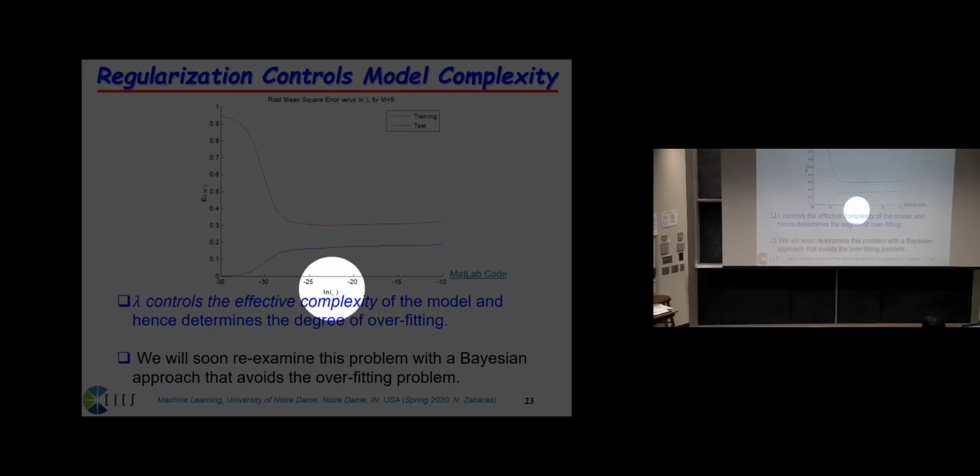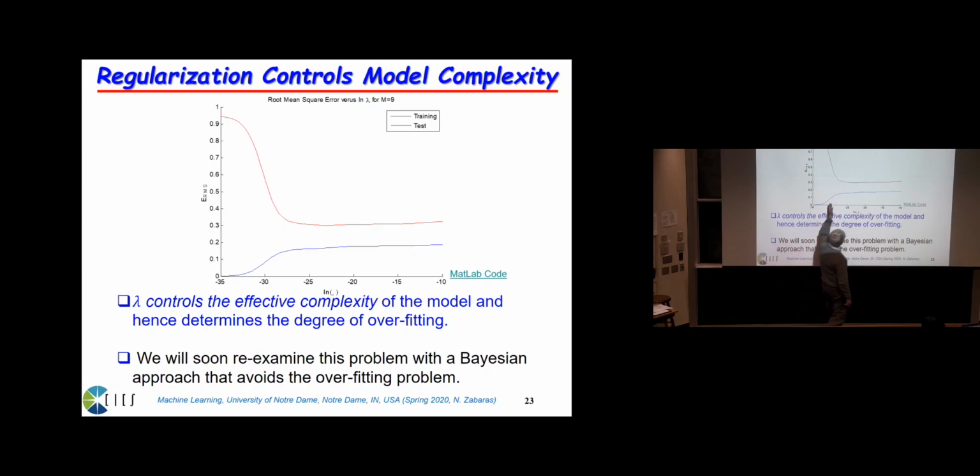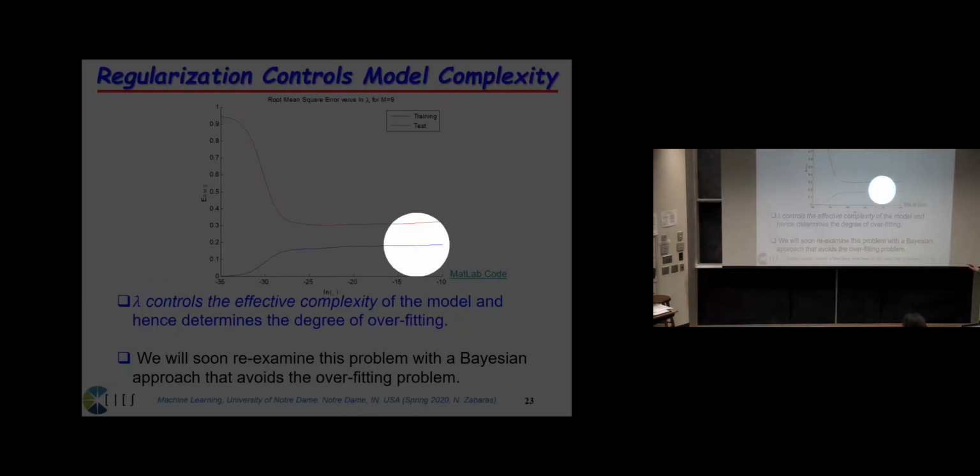So the horizontal axis here is the log of lambda, and you can immediately see that there is a flat region, all right? There is a flat region where the errors both for the training and the test data set don't change. So effectively, any value of lambda in this region would do the job. Okay?